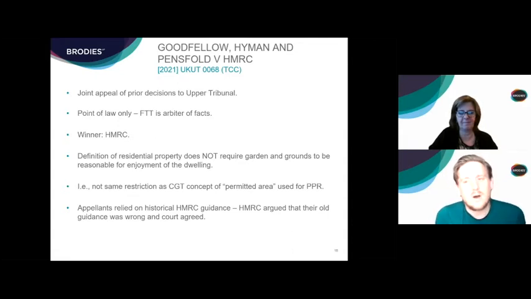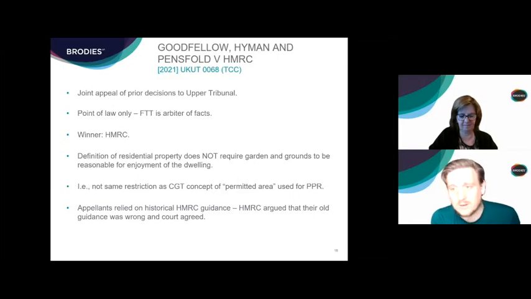What they tried to argue, based on the derivation of the SDLT legislation and some historical HMRC guidance, was that to be garden and grounds, bits of land purchased with a house, it wasn't just enough that you bought them with a house, it was that they had to be required or necessary for the reasonable enjoyment of the dwelling.